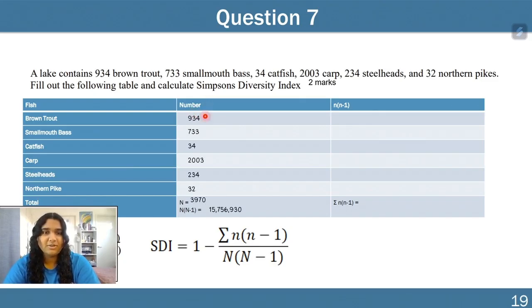Alright, so here are all of our numbers. I've got 934 brown trout, 733, 34, 2003, 234, 32, making our total number of organisms 3,970, and then that total number multiplied by n minus 1 is 15,756,930.